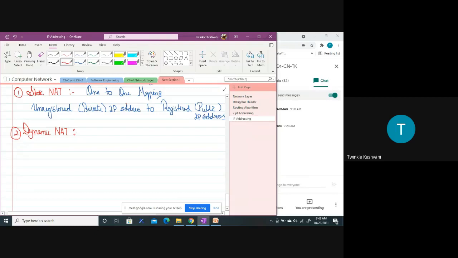From where? From the pool of public IP addresses. If the IP addresses of the pool are not free, then the packet will be dropped, as only a fixed number of private IP addresses can be translated into the public addresses. So here the unregistered IP address is translated into a registered IP address.